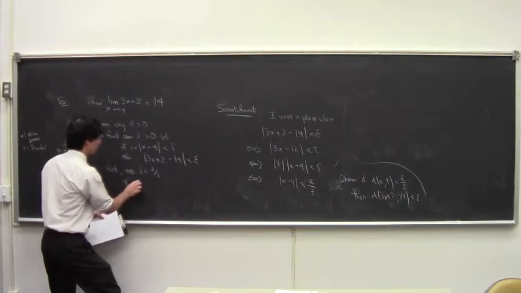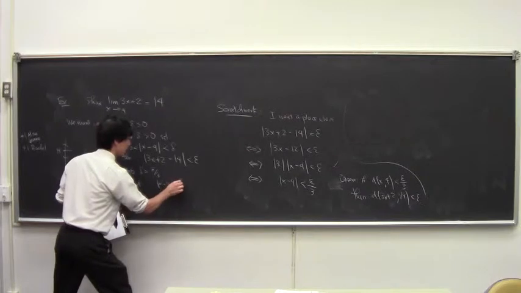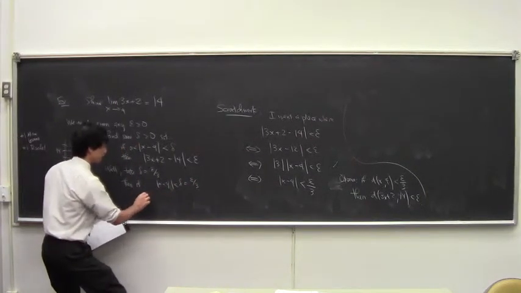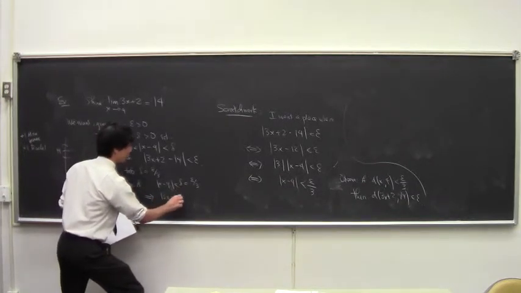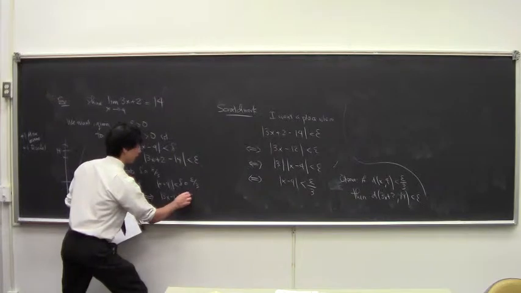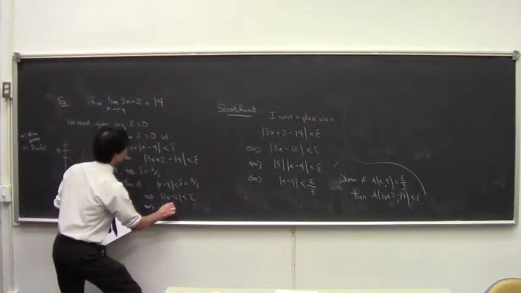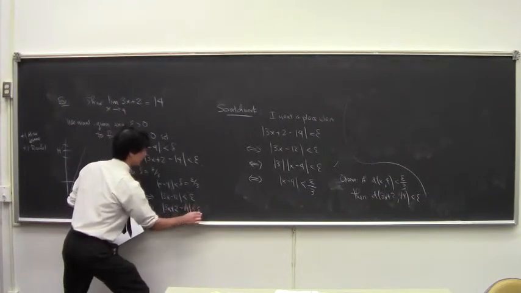Then, if x minus 4 is less than delta, which is epsilon over 3, we see that implies that 3x minus 12 is less than epsilon. But that's the same thing as saying that 3x plus 2 minus 14 is less than epsilon.